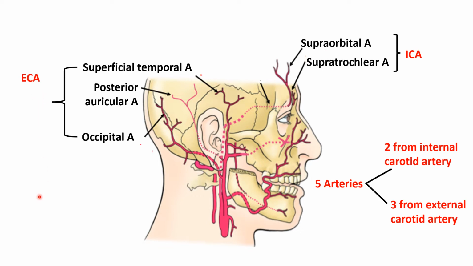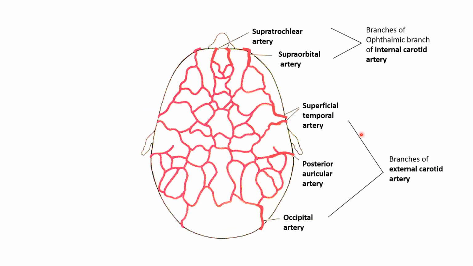So total how many arteries are supplying scalp? 5. 2 are branches from internal carotid artery and 3 are branches from external carotid artery. When we look at the top view of the scalp, then again we find here, this is the supratrochlear artery, this is supraorbital artery, supra word, remember, supra, above the superior orbital margin.